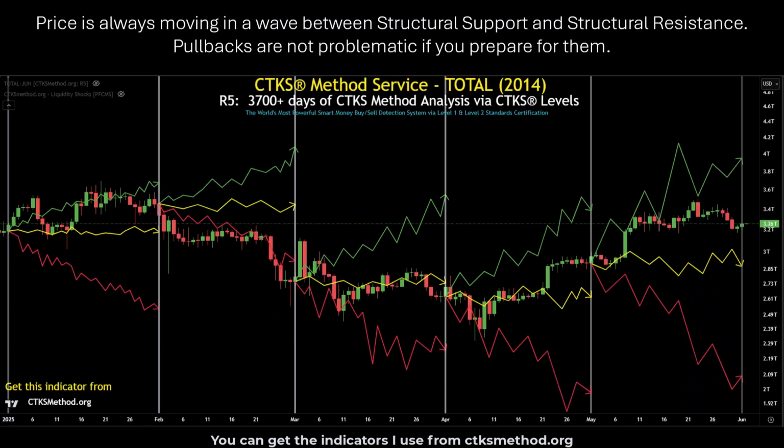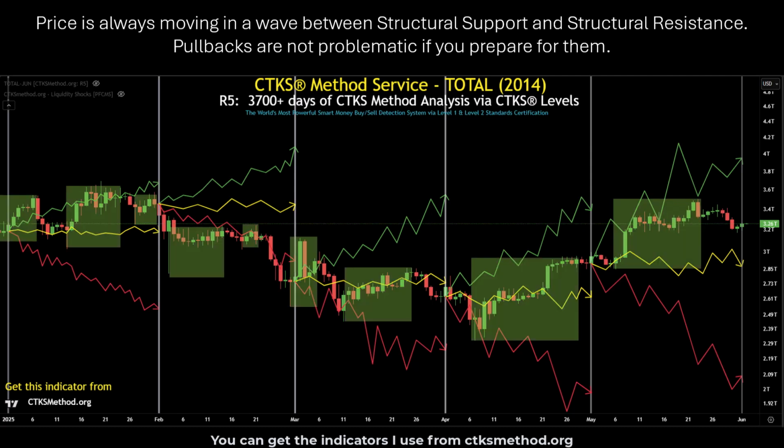We know that price is always moving in a wave between structural levels, and these CTKS paths simply show you where the structure is. Now, when we look at something like this, we can see that from January, you see quite a few months, January, February, March, April, and May. Now, where are the uptrends occurring inside this particular structure?